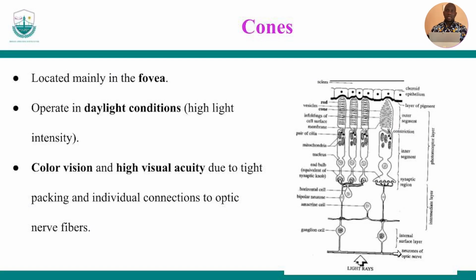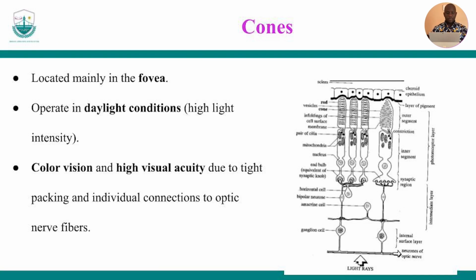If you're looking at a black or red or yellow, the cones are good at that. And then they're also very good at high visual acuity. And that means that you can differentiate between two close points because of the cones.